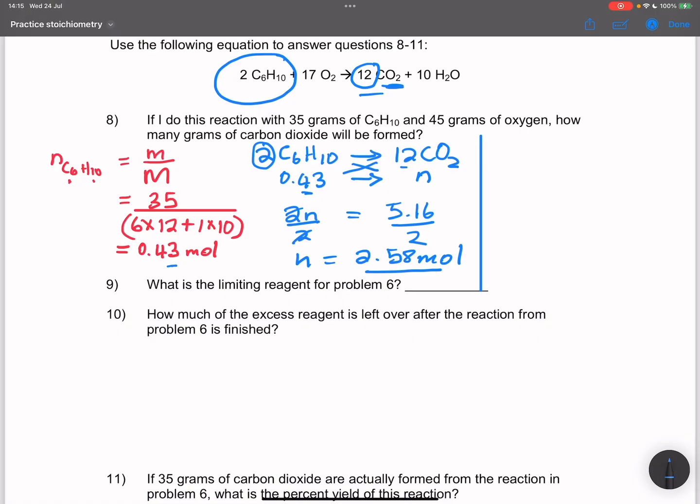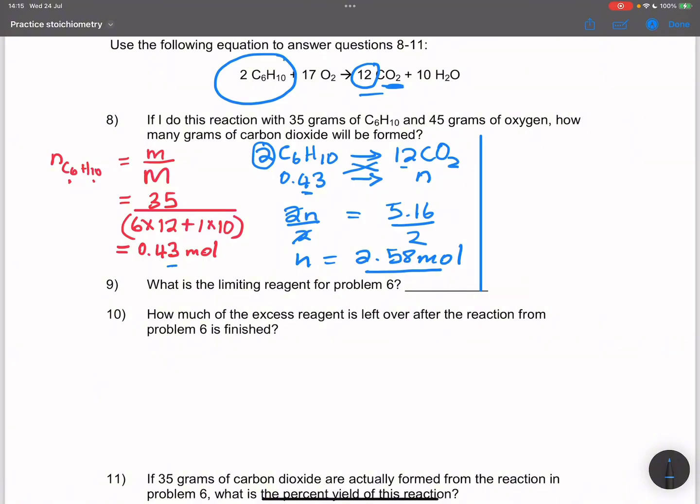So we just found out that if hexane was the limiting reagent, we would be able to get 2.58 moles of carbon dioxide.